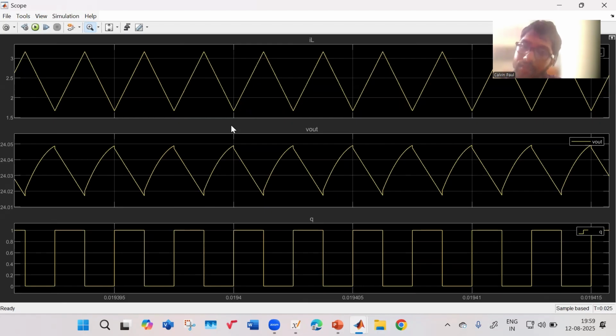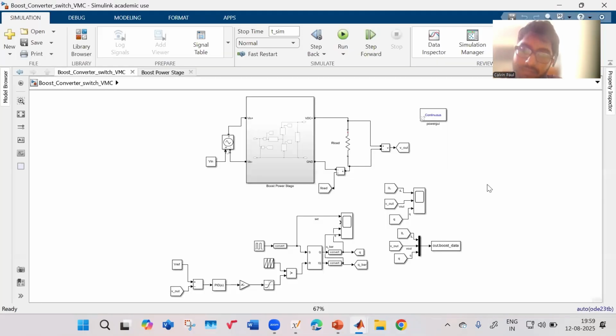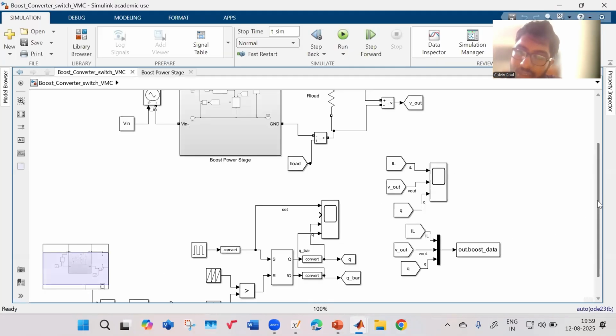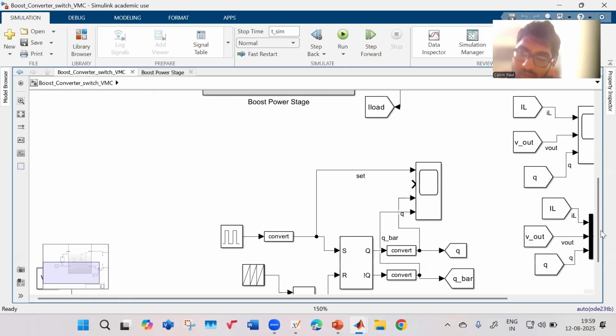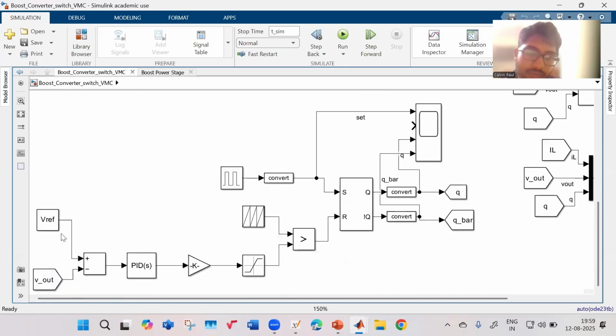All these things you will finally understand when you do the simulations. Further, if you see my structure, I have a reference value. From it I subtract the output voltage value. I get an error, and I pass it to a PID controller. I have some scaling factor.